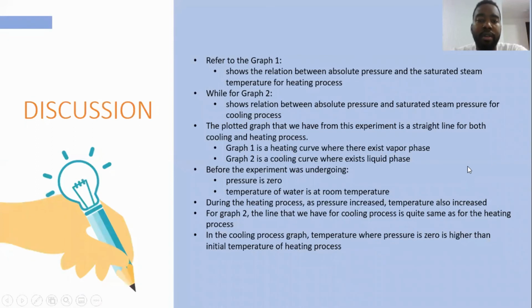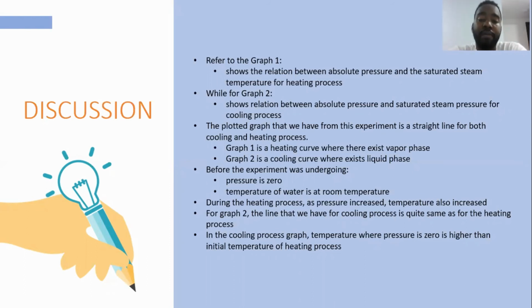Good morning, everyone. Coming to the discussion, graph 1 shows the relationship between the absolute pressure and the saturated steam temperature for the heating process, while graph number 2 shows the relationship between the absolute pressure and the saturated steam temperature for the cooling process.